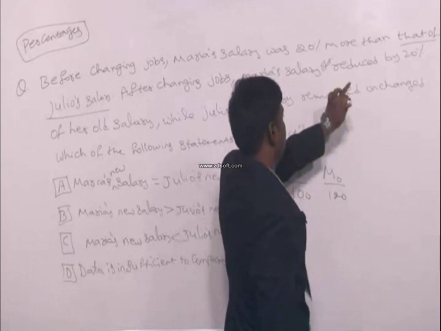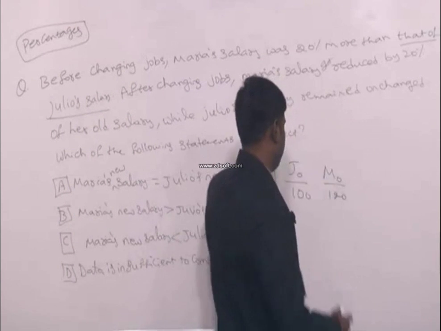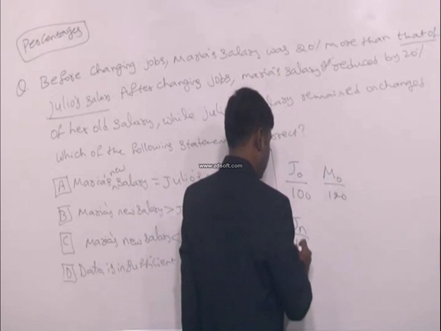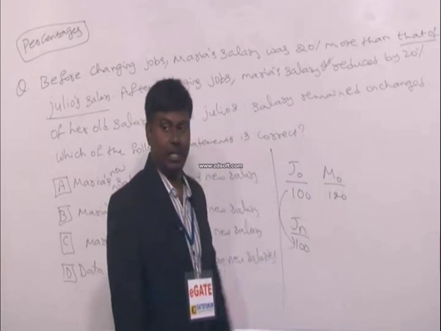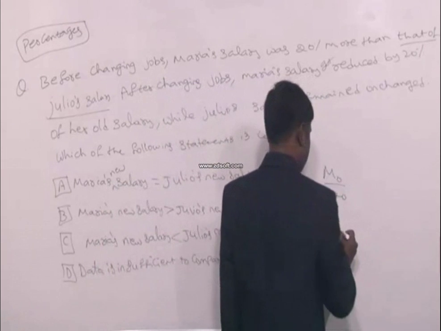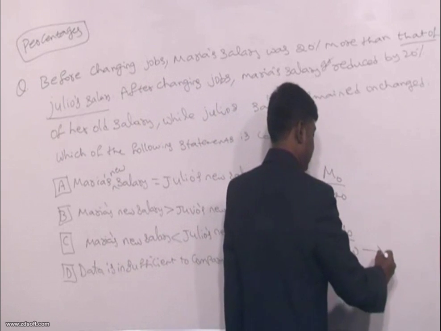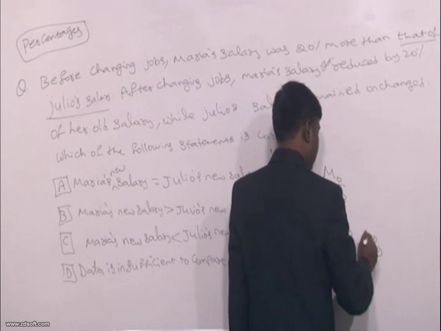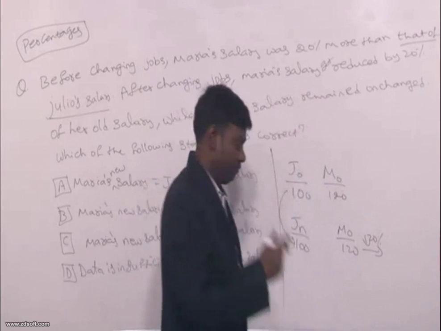What happened later? After changing jobs, Julio's salary remained unchanged, while Maria's old salary has been reduced by 20%. So what is 20% of 120?